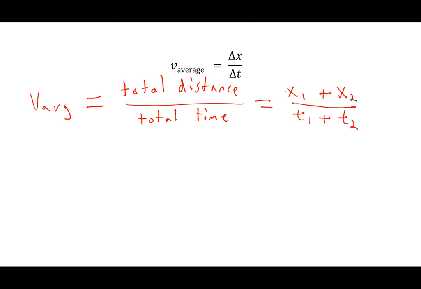And so our total distance divided by total time is x1 plus x2, that's our total distance traveled, divided by t1 plus t2, and that's our total time. And that gives me my average velocity.